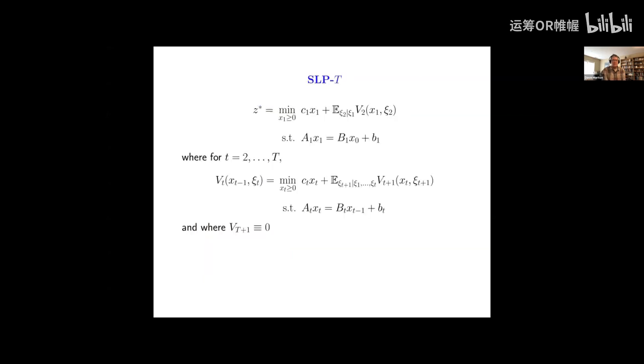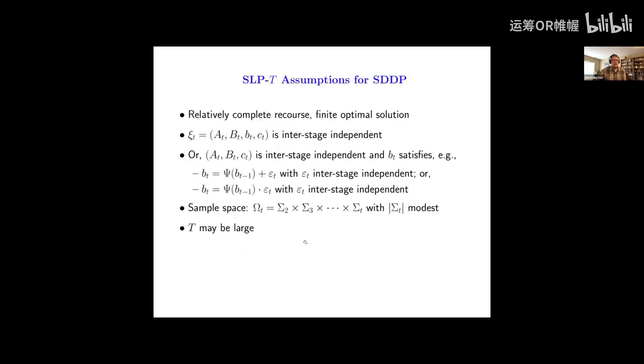And so let me say briefly a little bit about multi-stage. How well do these ideas really carry over to multi-stage? Now we have a value function that's defined recursively here in a T-stage stochastic LP. The setup is that we have to be feasible when we get to a particular stage.